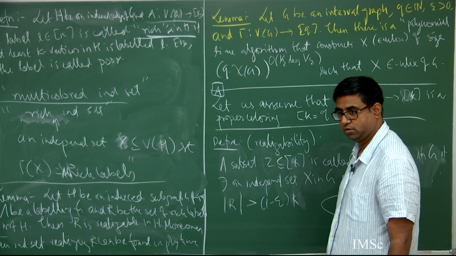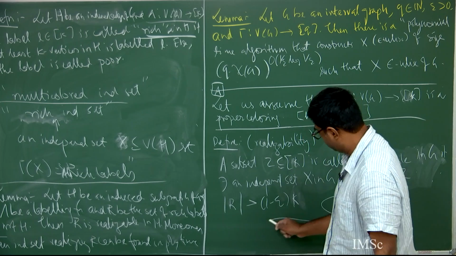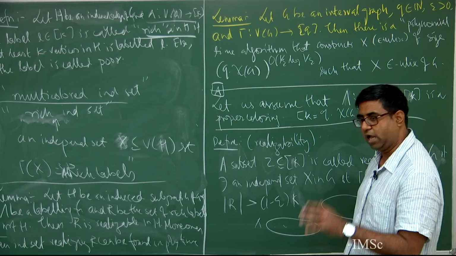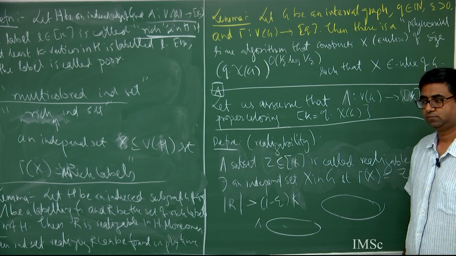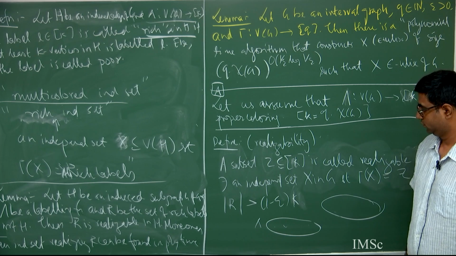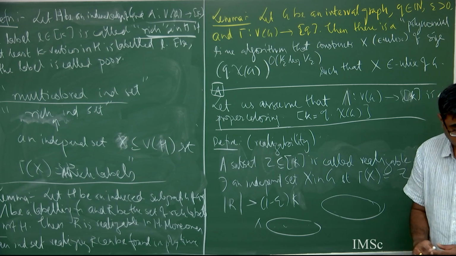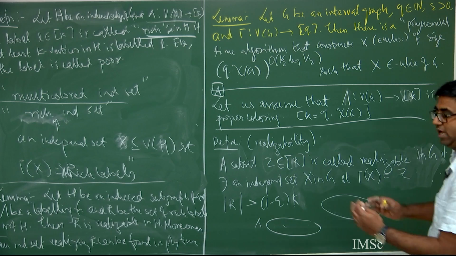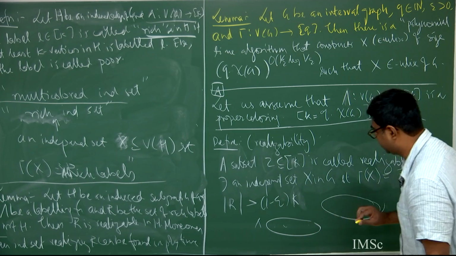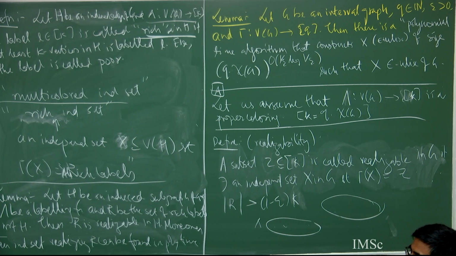Are we done? Then I apply this, and it will output some set X which realizes this. Are we done then? Because for any independent set S, gamma of S is at most k. But I could still have an independent set here, and I do not know how to handle them.